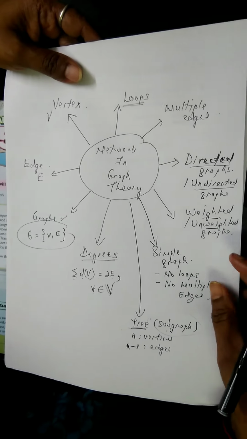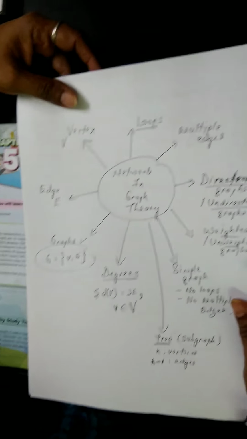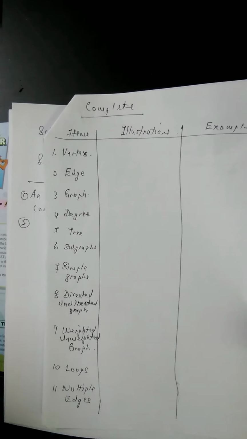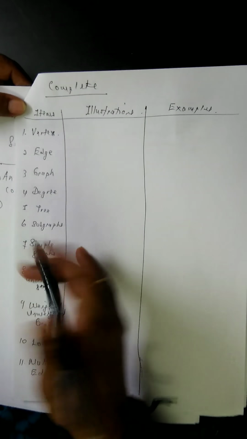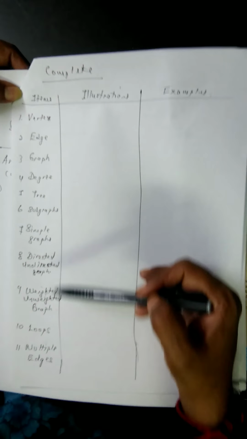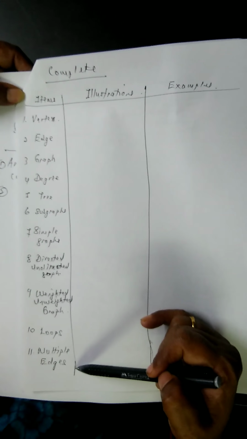All right, so what I suggest you do, if you have not done the questions, is that a simple table like this will help you. A table with 3 columns. These are the items that you need to know to answer the questions.